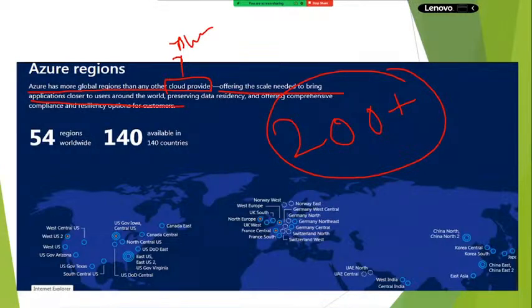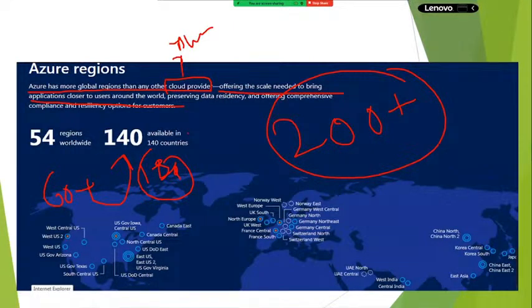Okay, these are the advantages of Microsoft Azure. Clear? They have mentioned 60 plus regions, and around 140 to 150 countries where they have their own data centers. Okay, clear?